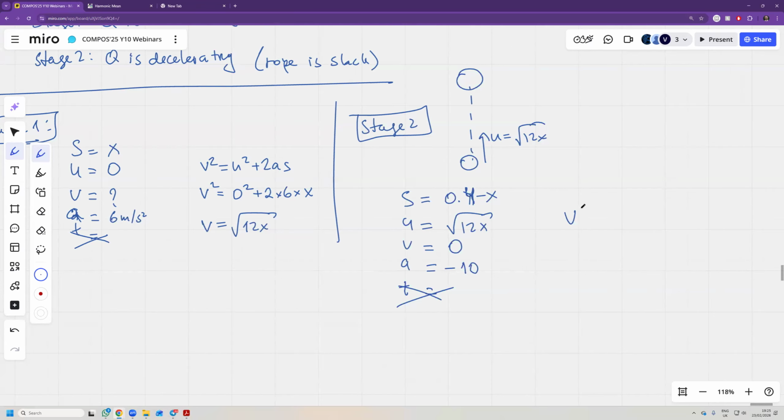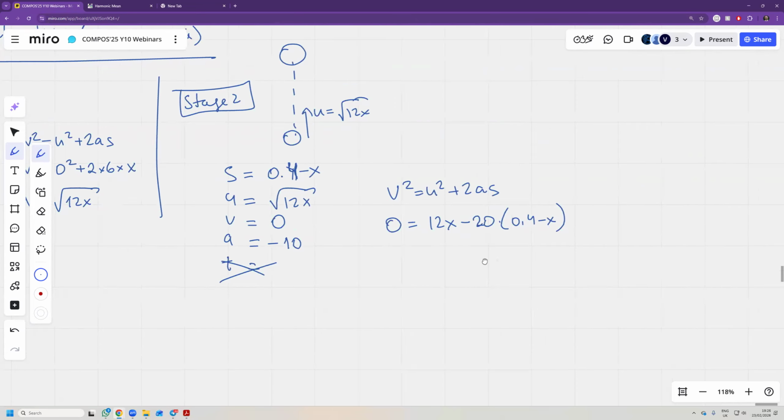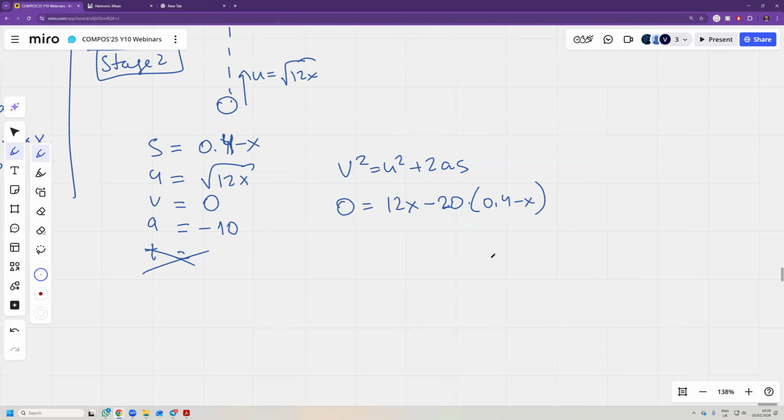So v squared equals u squared plus 2as. 0 equals 12x minus 20 times (0.4 minus x). We don't even have a quadratic.